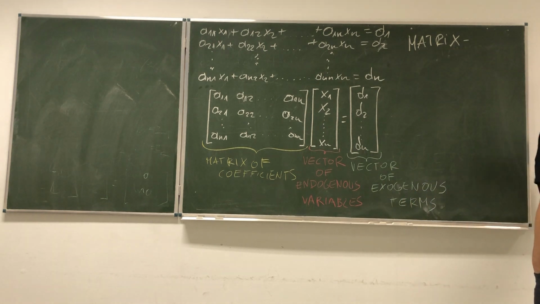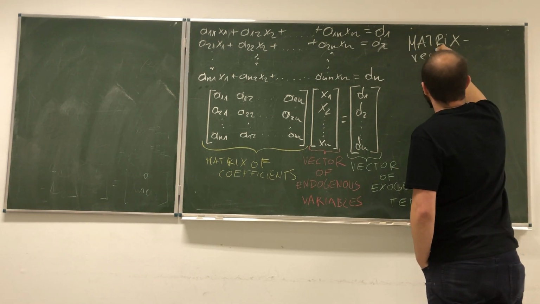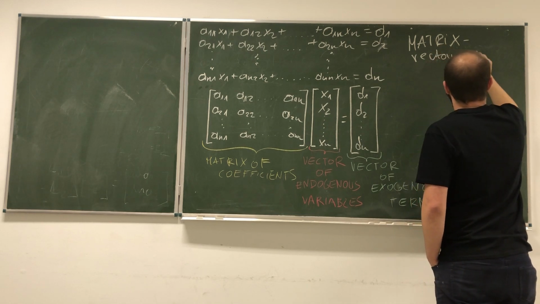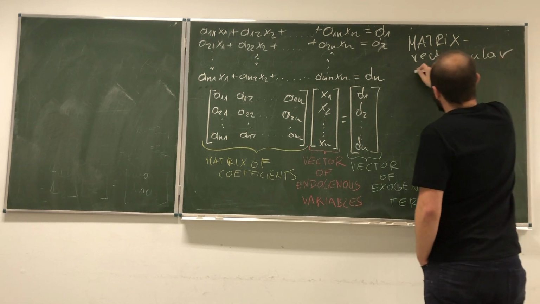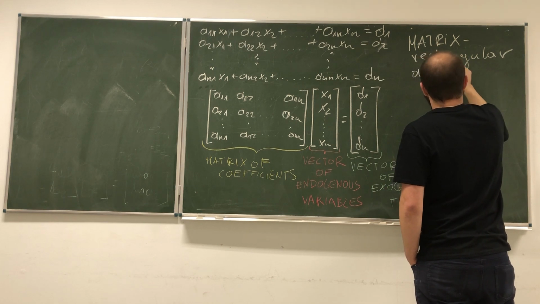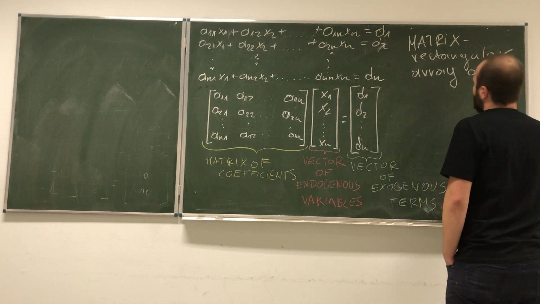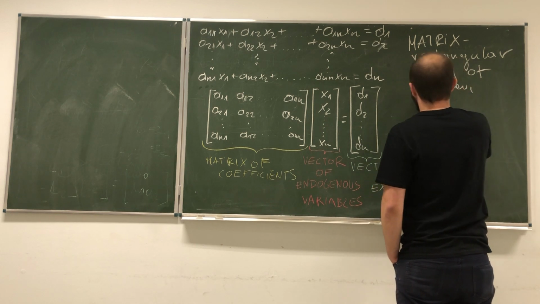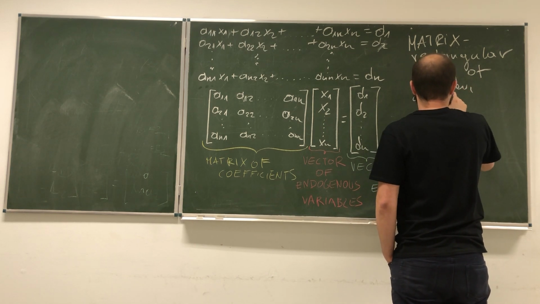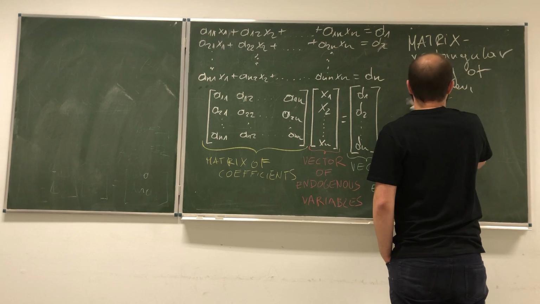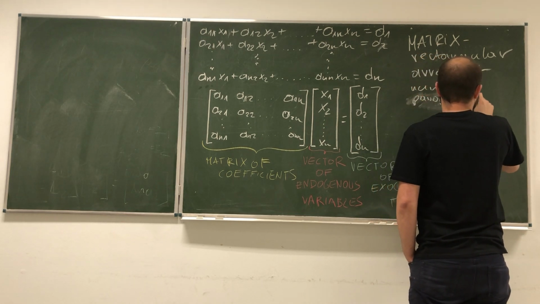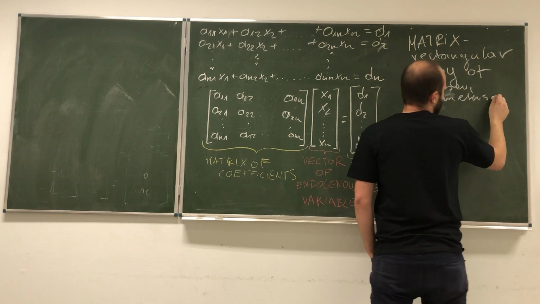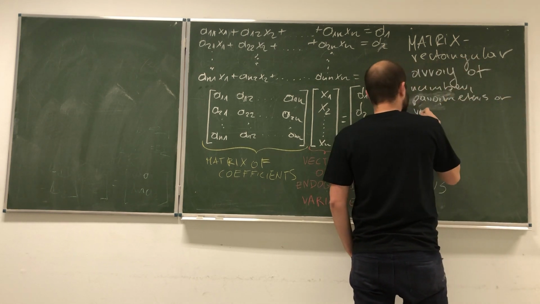We're going to define a matrix as a rectangular array of numbers, coefficients, parameters or variables.